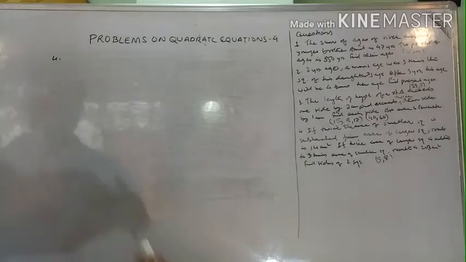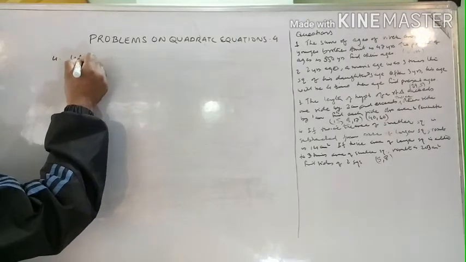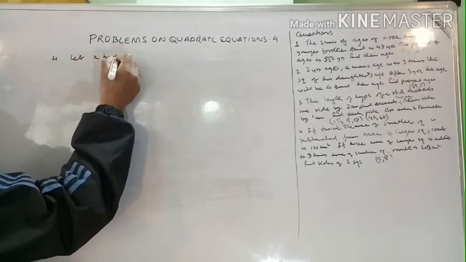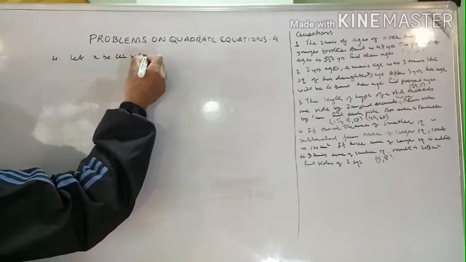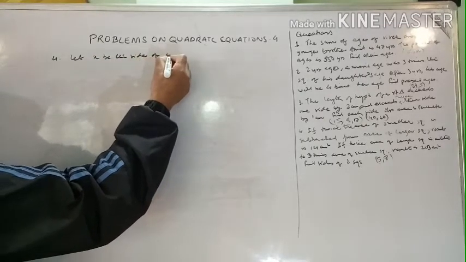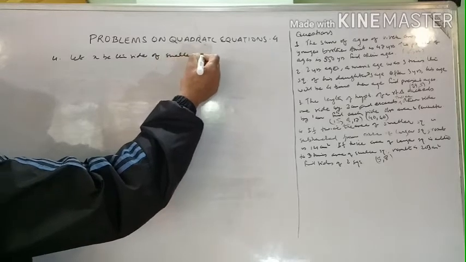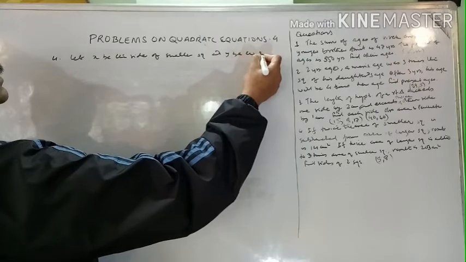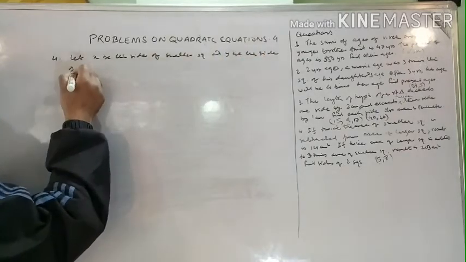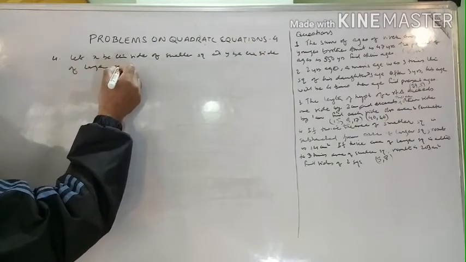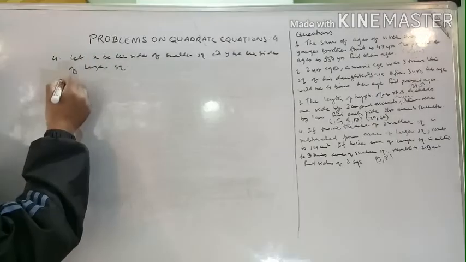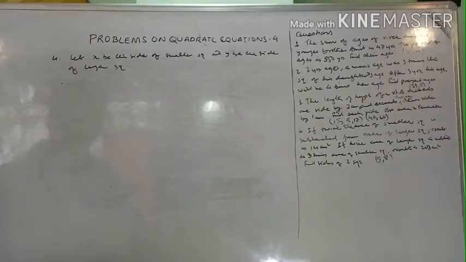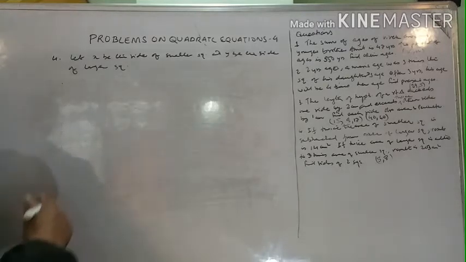So let x be the side of the smaller square and y be the side of the larger square. So the first condition says, if twice the area of smaller square is subtracted from the area of larger square.